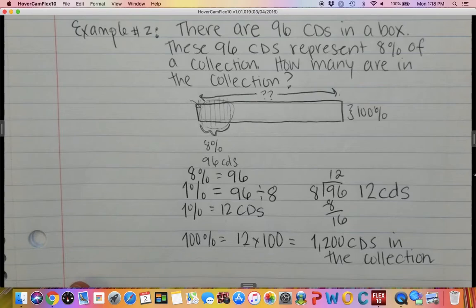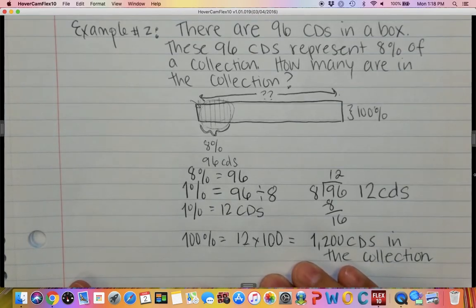We have 1,200 CDs in the collection. Okay, I'm going to do another example of this one.